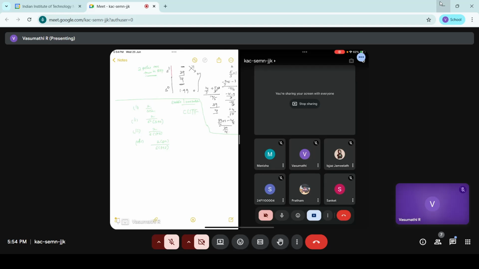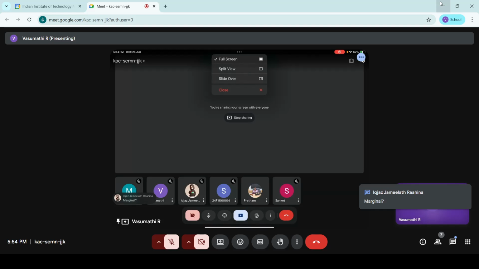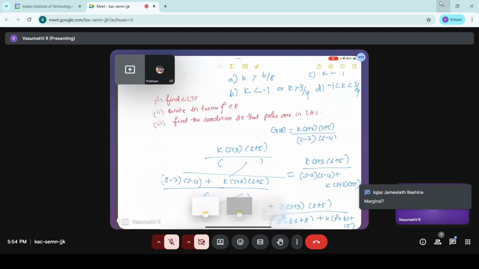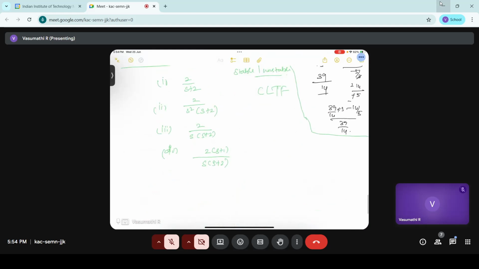Okay, good. Let's see what are all stable and what are not. First thing is s plus 2 equal to 0, then s is equal to minus 2. Stable? Yes, ma'am. Okay, good.